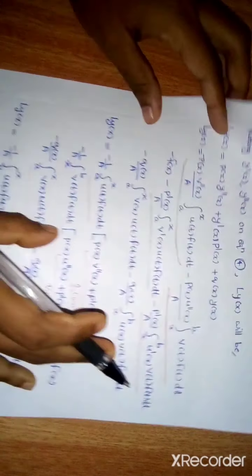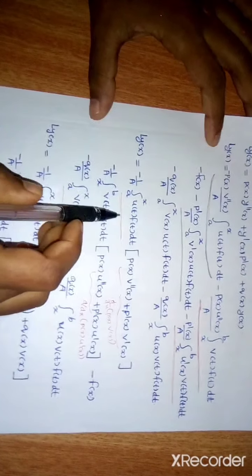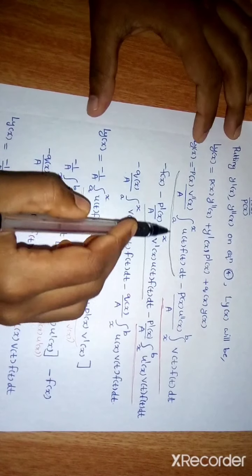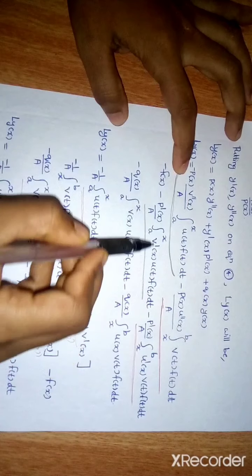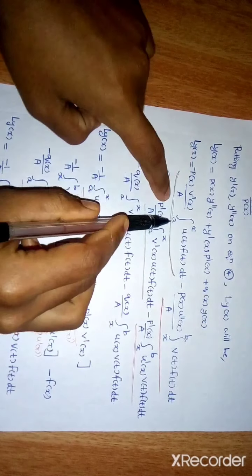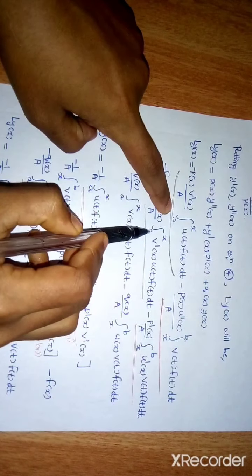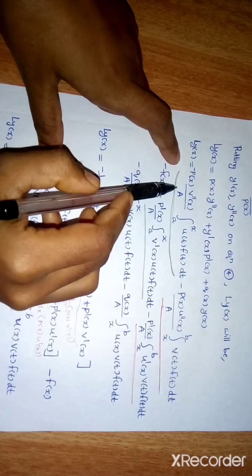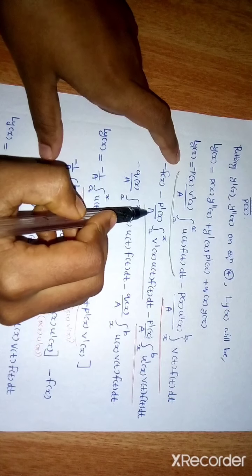Now look at this equation, the first term and this term, both have the integral from a to x, and the common factor in these is minus 1 by a.